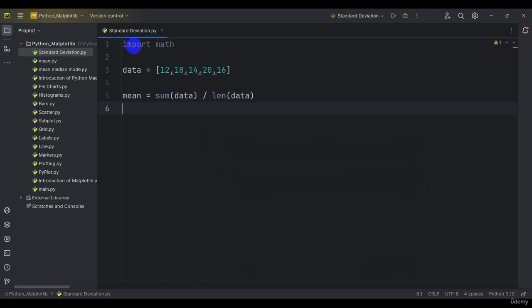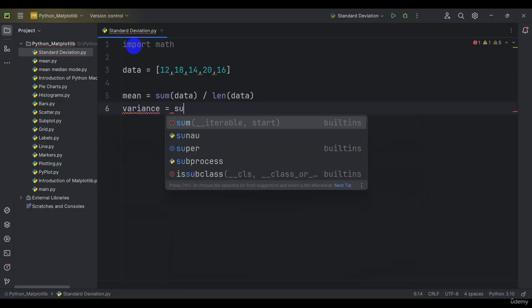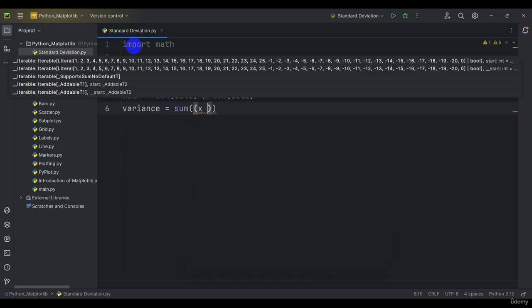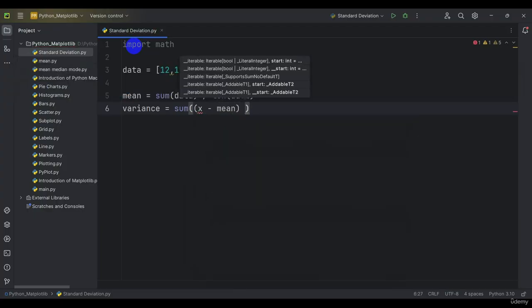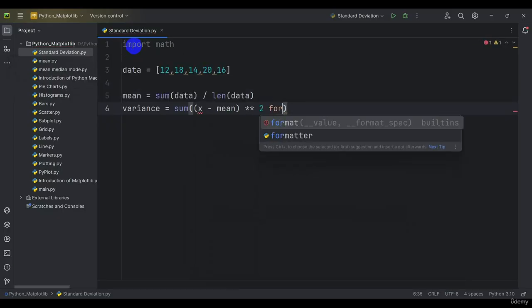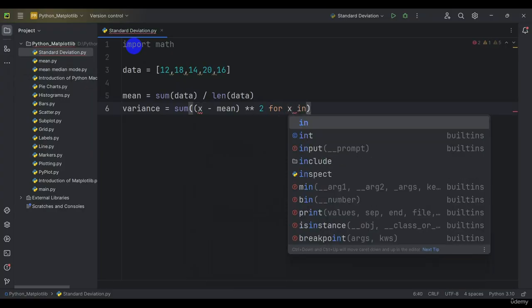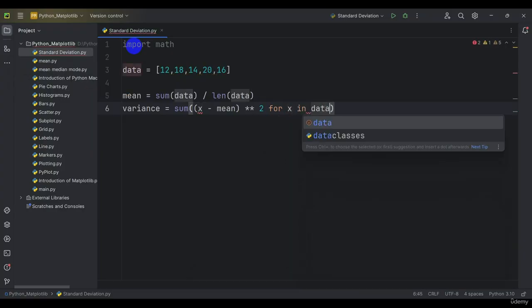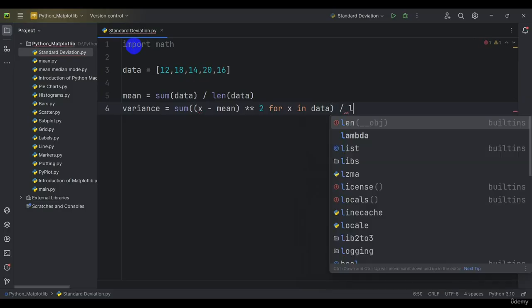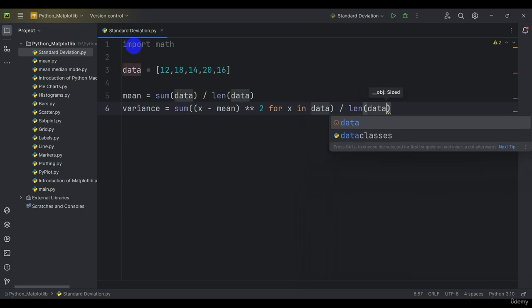Next, I create the variance. The variance is equal to the sum of x minus the mean value, squared, for x in data, divided by the length of the data.